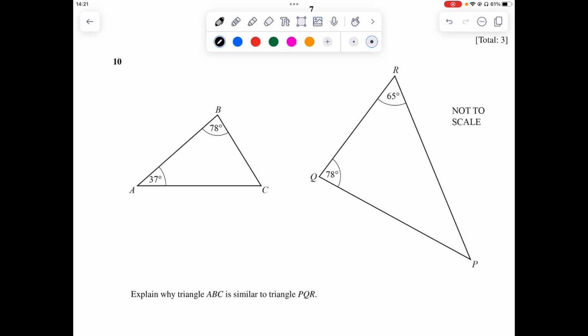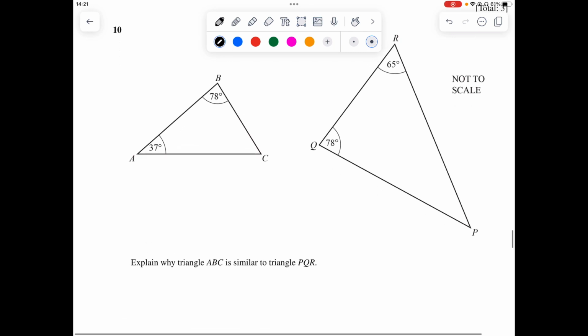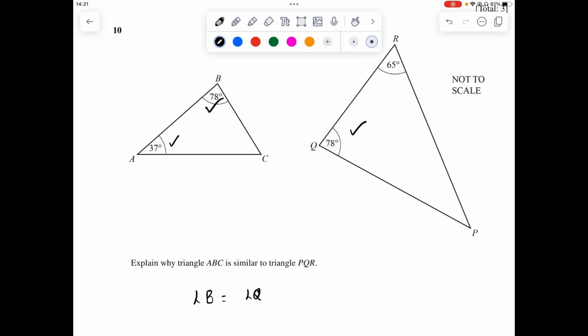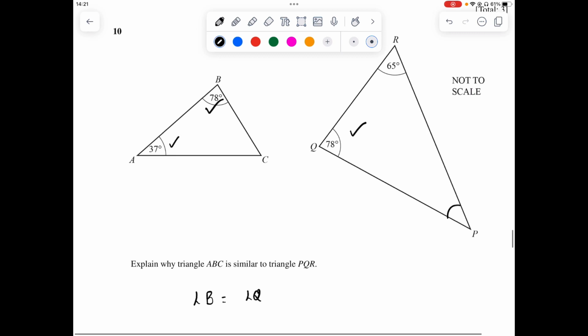Explain why the triangle ABC is similar to PQR. We need to see that all the angles are the same. Do I have 78 and 75? Yes, angle B equals angle Q. Do I have 37? We don't have 37, right? So we are going to find this angle, which is 180 minus 65 minus 78, which is going to be 37.